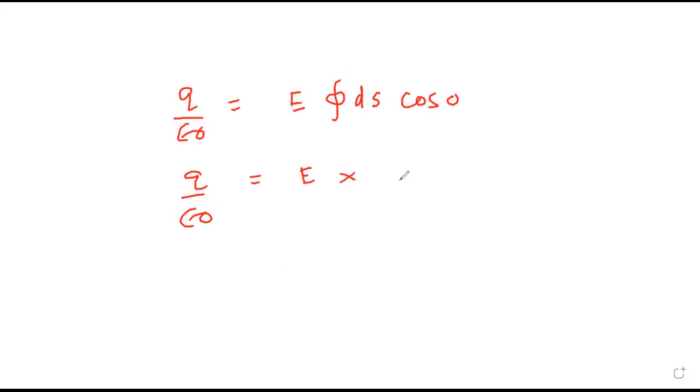Q inside that Gaussian sphere is Q only, upon epsilon naught. E is constant, so bring it outside, into dS cos 0 because they are in the same line. What is the integration of dS for the Gaussian surface? It is 4 pi r square. So E will become 1 upon 4 pi epsilon naught, q by r square.